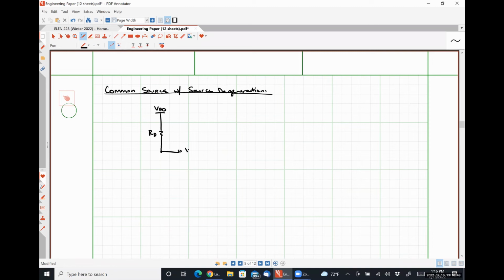We're going to take our output here. Here is our resistance RS, which can be replaced by an NMOS current source or a PMOS diode connected transistor. Small signal model is going to look like this.